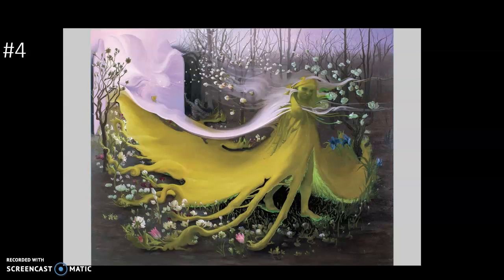What composition? There are two. Technically, there are all three actually in this one because there's only one person, so it would fall under the rule of odds. How are the other compositional elements being used?